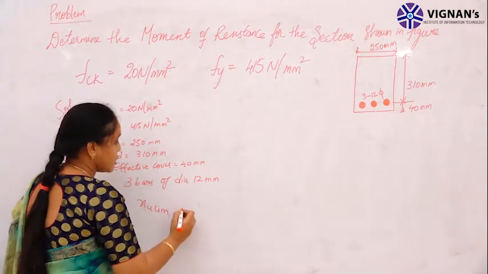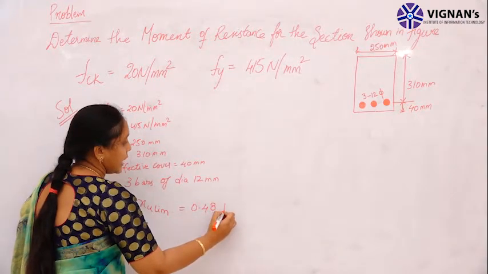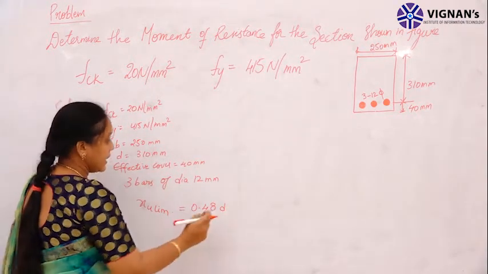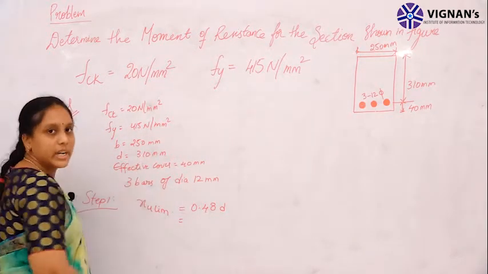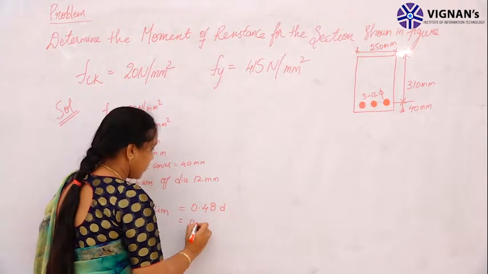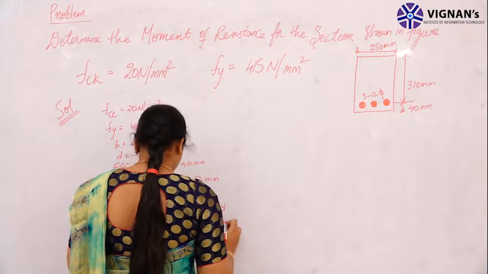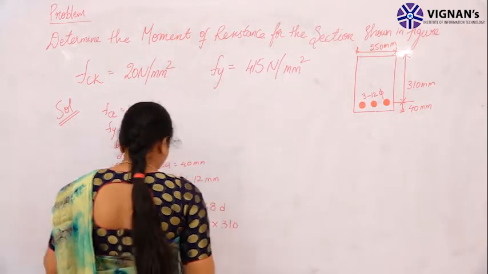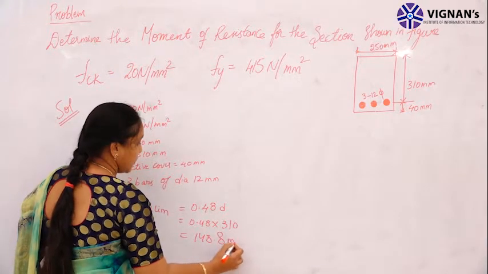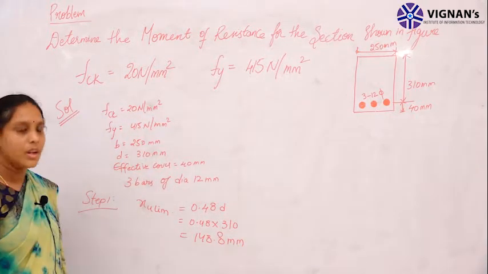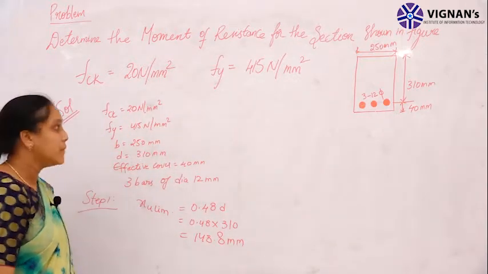So what will be the xu limit value? It is 0.48 into d. d here is nothing but the effective depth, which is given as 310 mm. So xu limit will be 0.48 into 310, which will give you 148.8 mm.